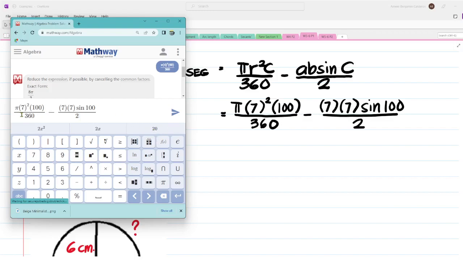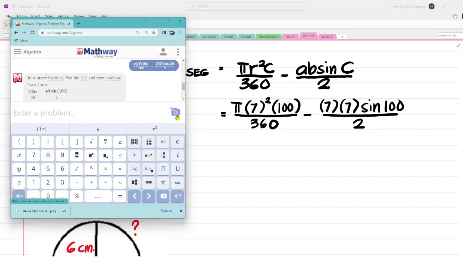Let's check. Pi r squared, 7 squared, 100 over 360 minus 7 times 7 sine 100 over 2. Okay? So that is now our final answer.